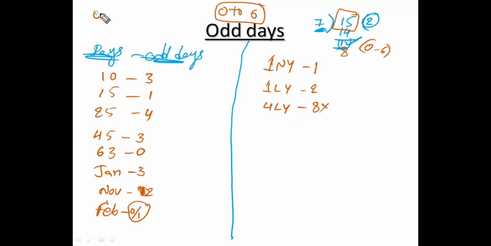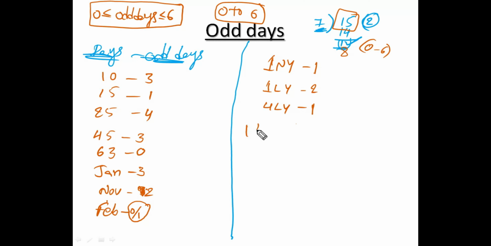Always remember: 0 is less than or equal to odd days, which is less than or equal to 6. 8 is not our answer. In those 8 days also there is 1 day extra after 1 week. That's why 4 leap years consists of 1 odd day.